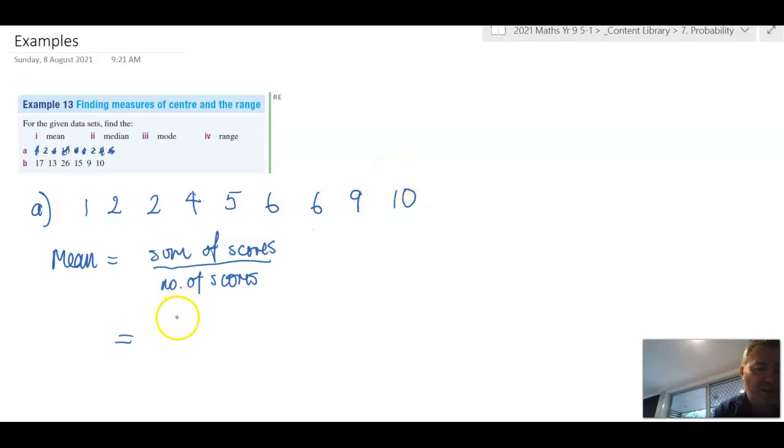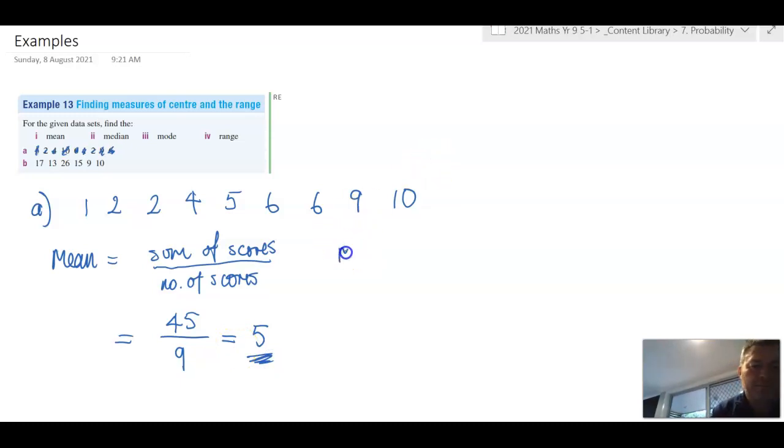So the sum of the scores is 45. And the number of scores: 1, 2, 3, 4, 5, 6, 7, 8, 9. There are 9 scores. So 45 divided by 9 equals 5. So the mean for this set of data is 5.